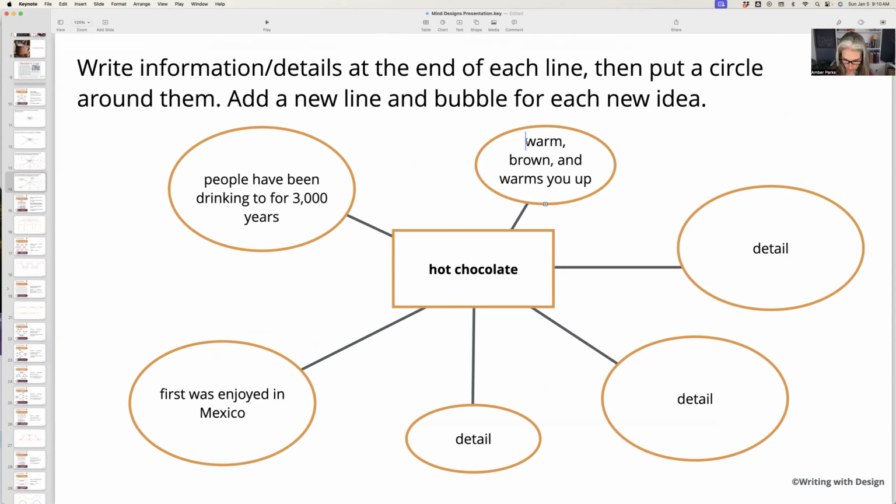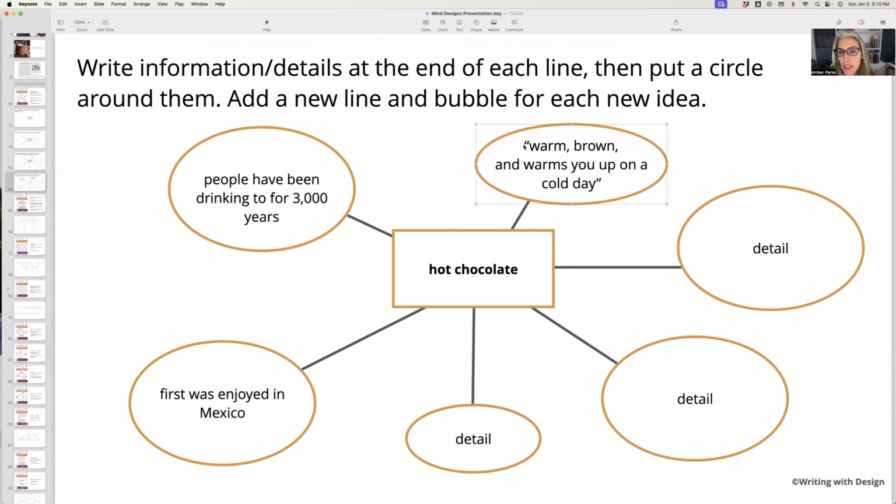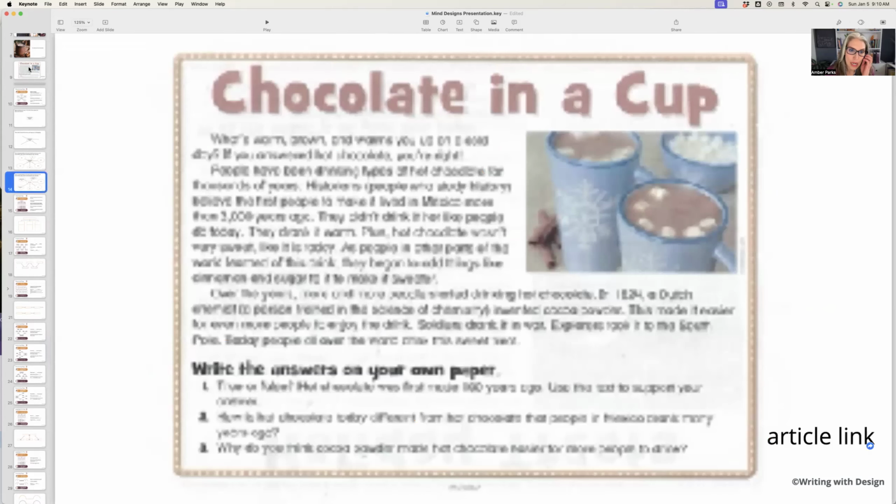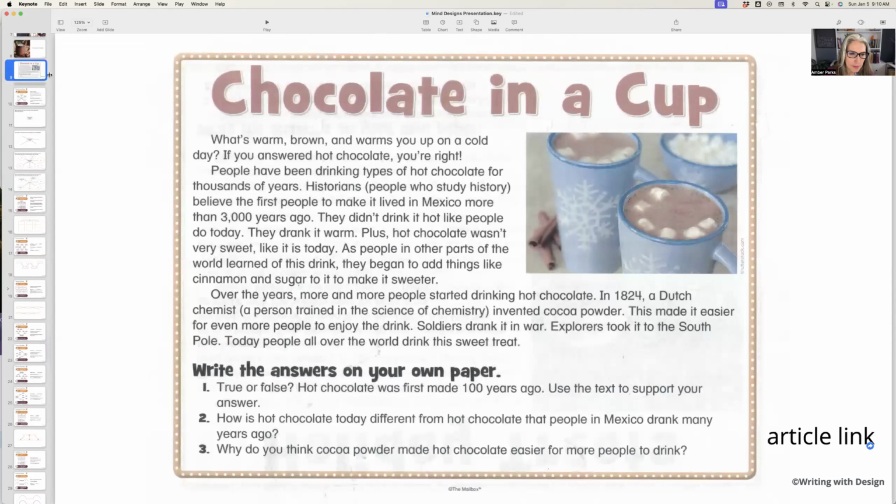I'm going to put quotation marks around this and resize this so we've got it. So you see, I'm just kind of pulling in some key information. I love to teach, no matter the age of students, to pull in some direct quotations. And anytime it's directly from the text, you just put the quotation marks around it so you remember exactly what it was.